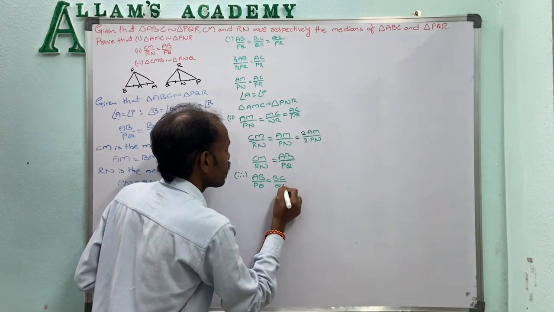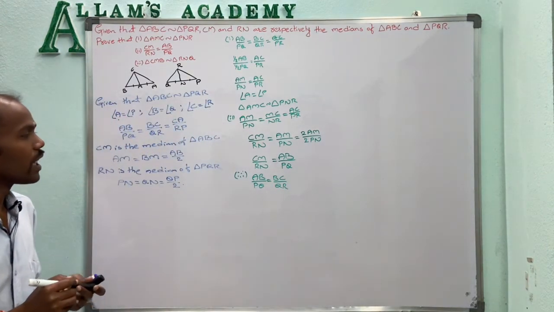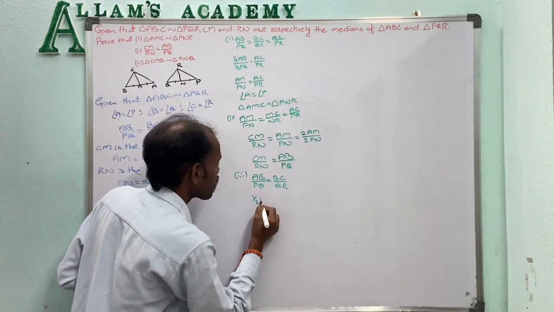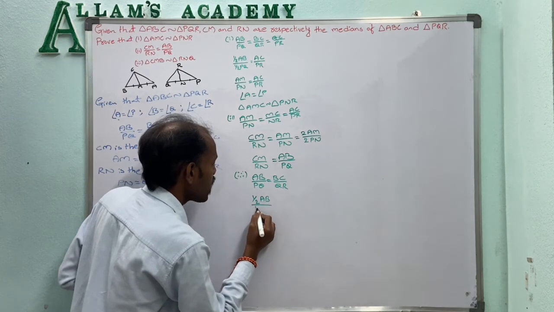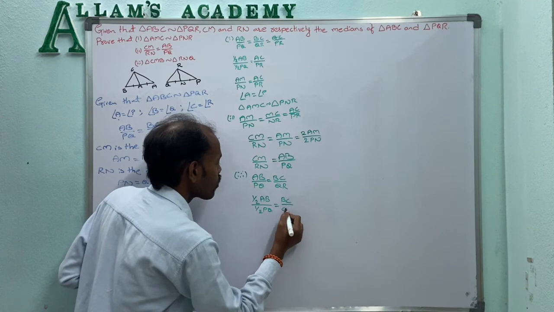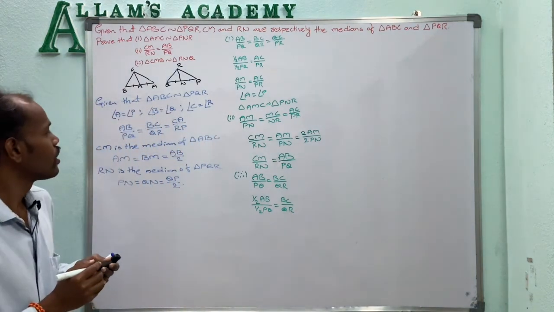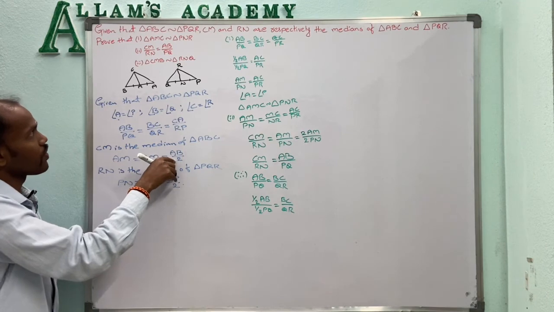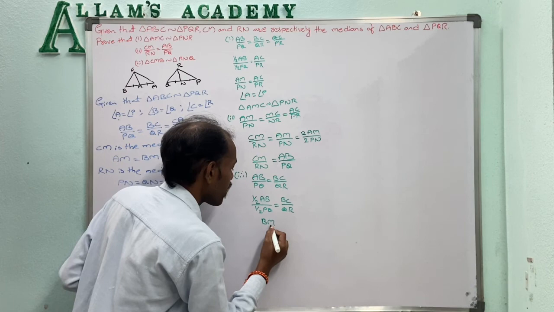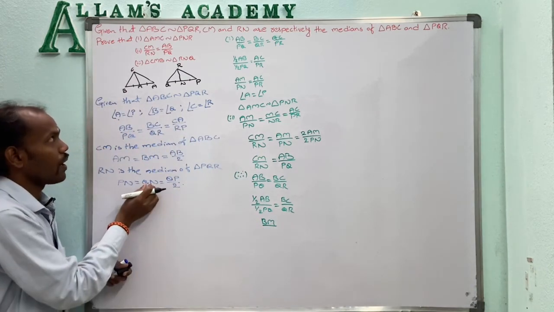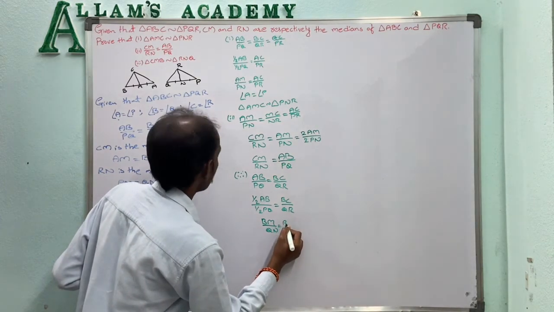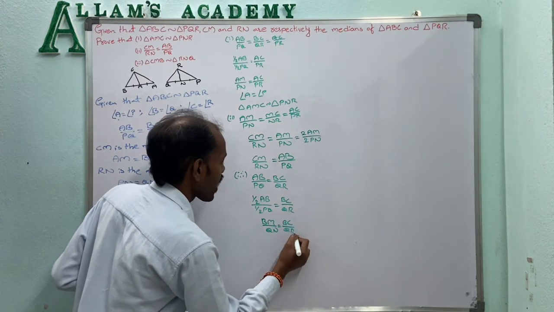Now AB to half and PQ to half, with the same number numerator and denominator are divided, so the answer will not change. So in the place of half AB I am taking BM, and in the place of half PQ I am taking QN, that equals BC by QR ratio.